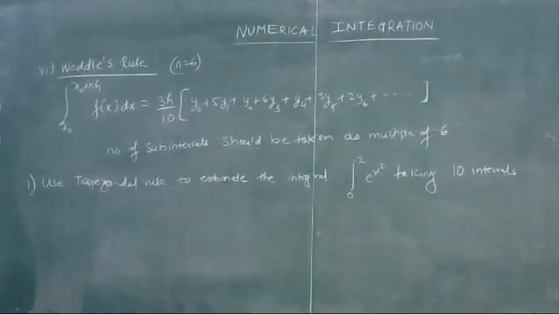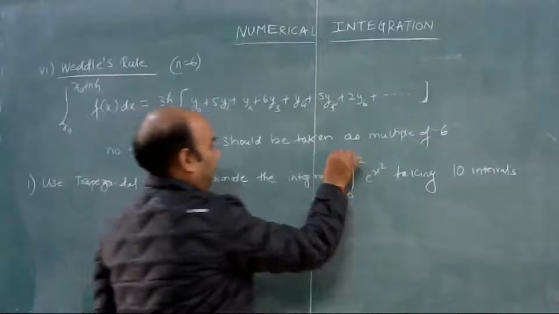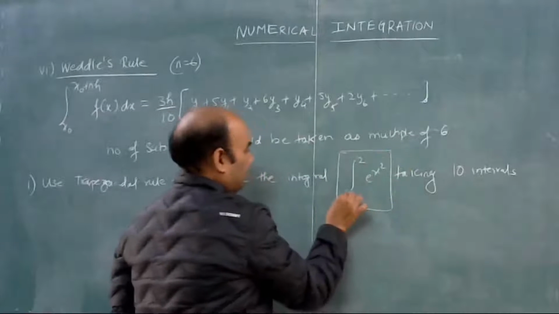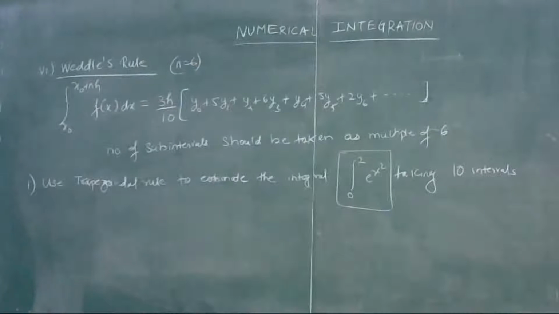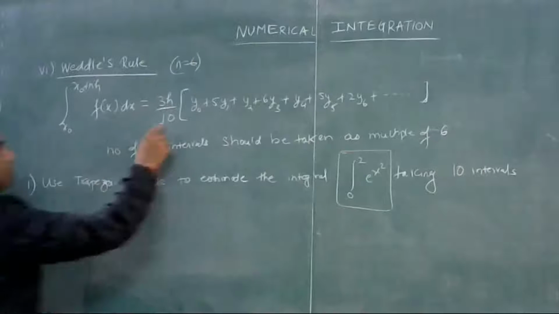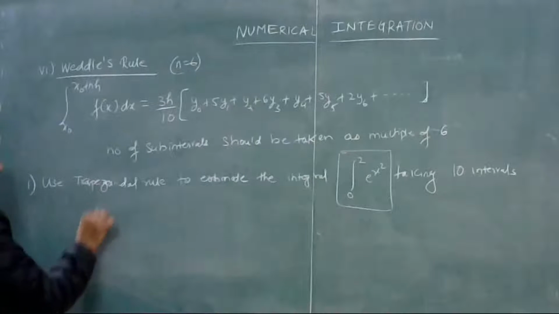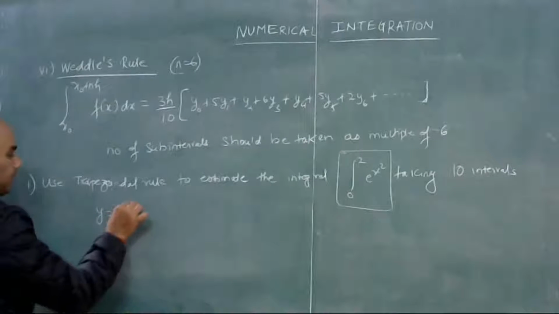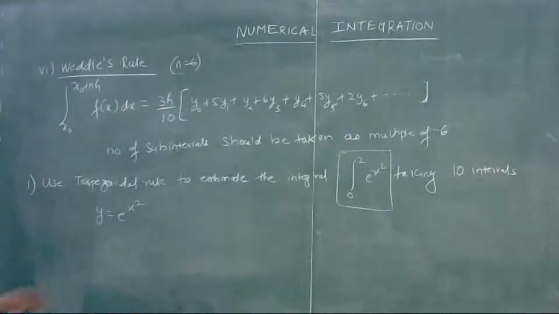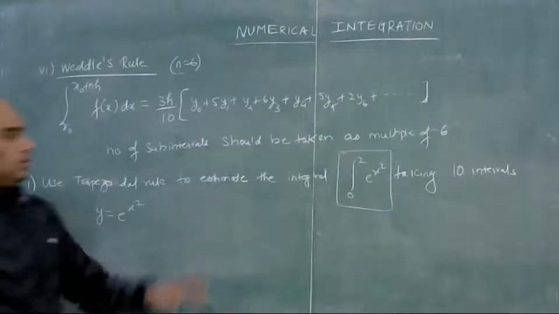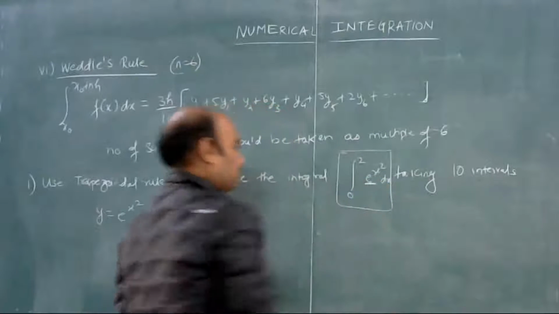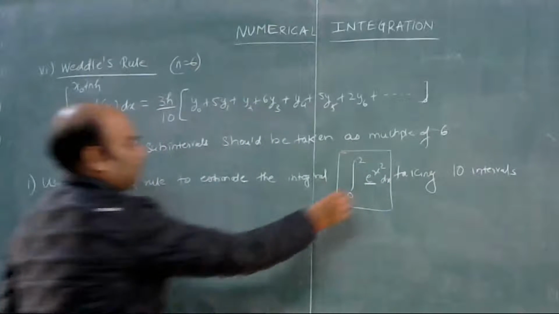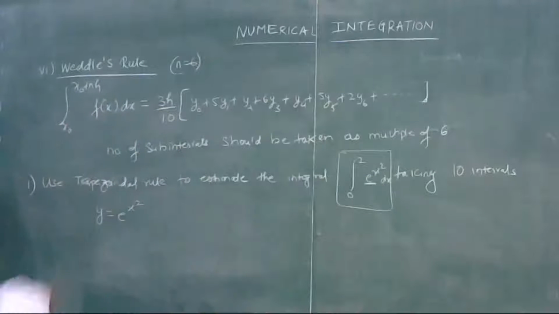So you have to find the integration from 0 to 2 of e to the power x square. First we need the value of y, so let y be equal to e to the power x square. You have to assume e to the power x square as y.